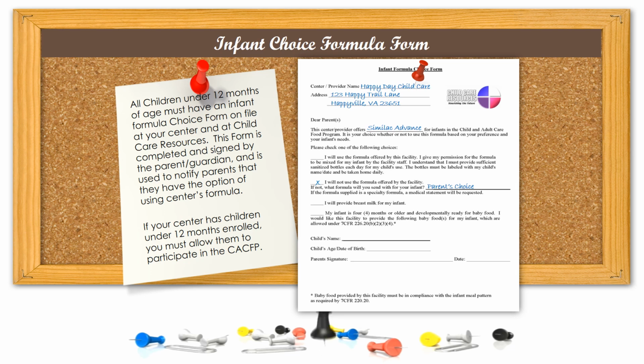The next option is that they will use breast milk. And the fourth option is that their infant is 4 months or older and developmentally ready for baby food. The form should include the child's name, date of birth, parent's signature, and date.